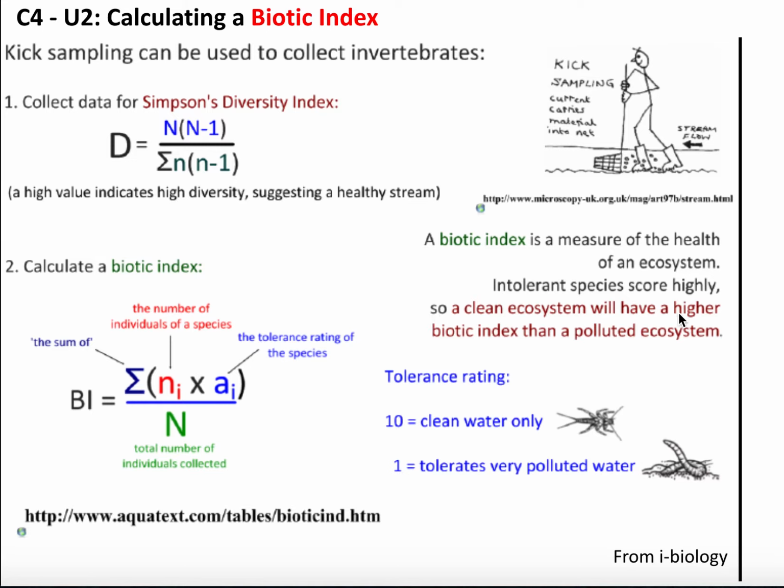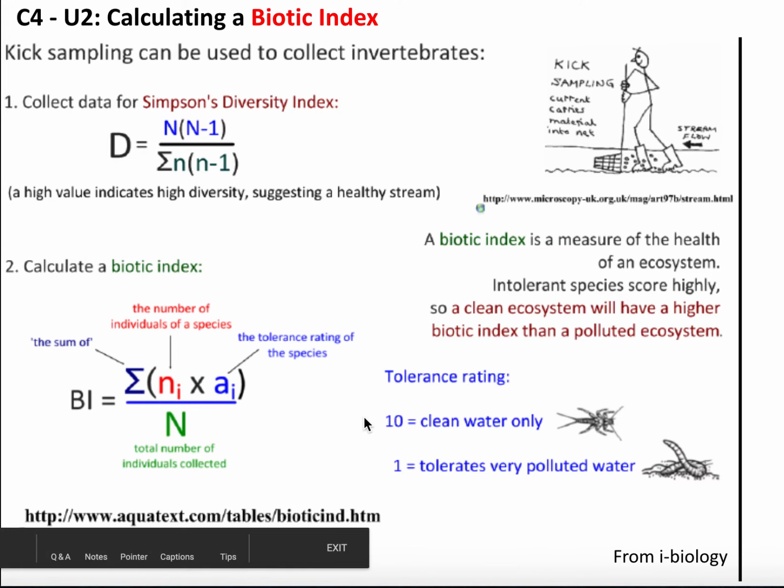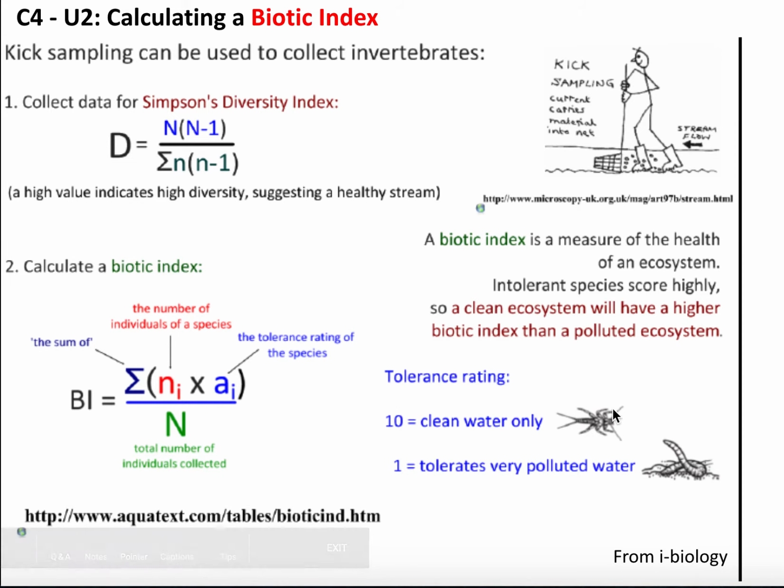So a clean ecosystem will have a higher biotic index than a polluted ecosystem. Remember, intolerant means species that can't handle a lot of pollution. So let's make a scale here, 10 to 1. This species here is a 10, meaning that it's intolerant of toxins, so it can only handle clean water.